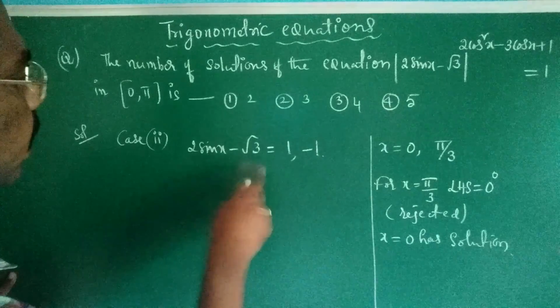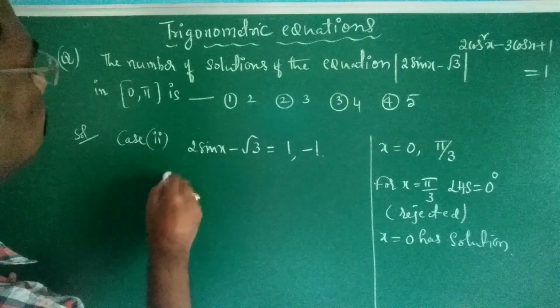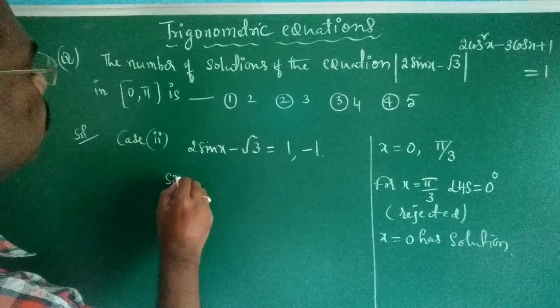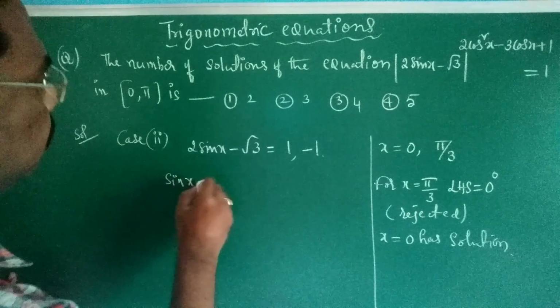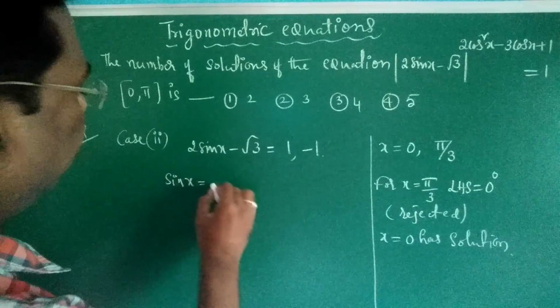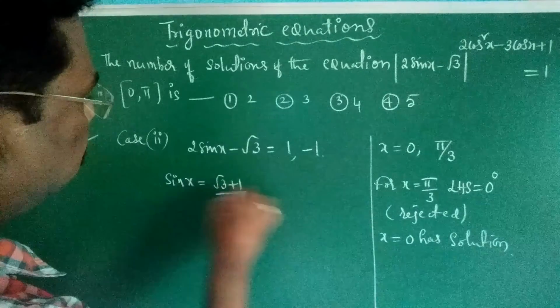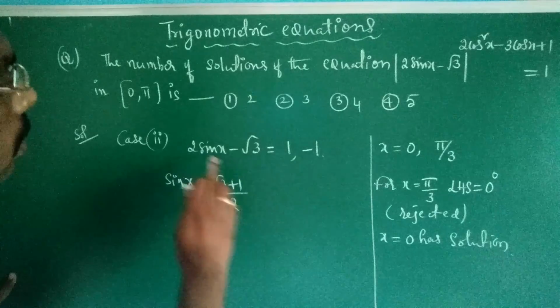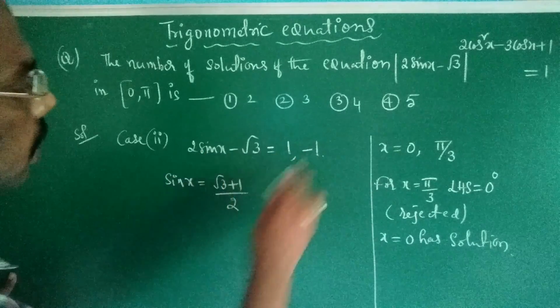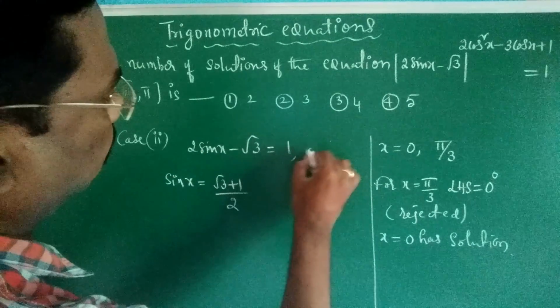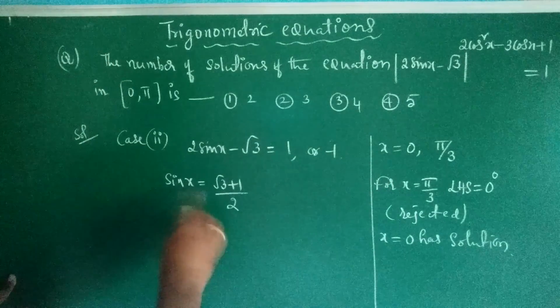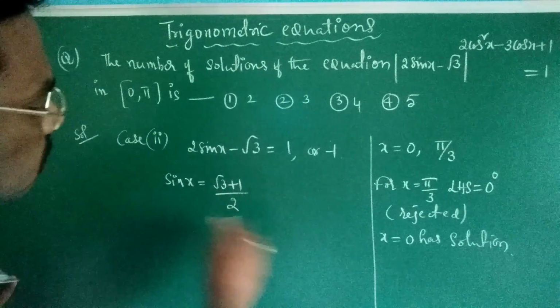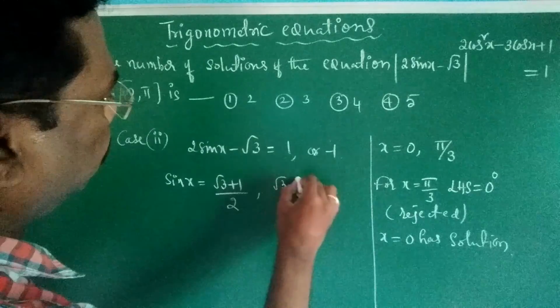Now 2 sin x - root 3 = 1 or 2 sin x - root 3 = -1. Now sin x = (root 3 + 1)/2 or (root 3 - 1)/2.